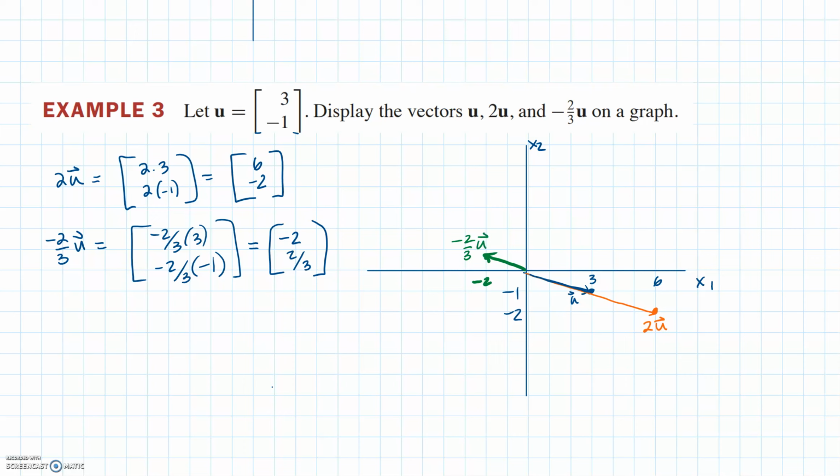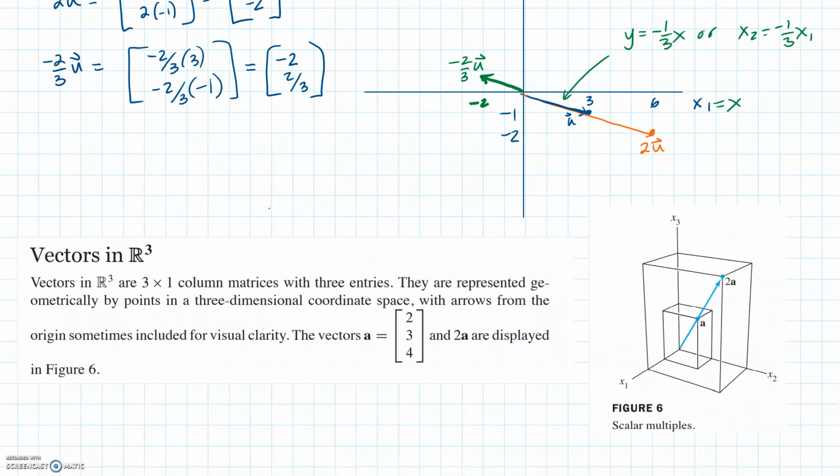So you can see it's going to be all along this line, y = -1/3 x, or as displayed here, x2 = -1/3 x1, depending on whether you call it y and x or x1 and x2.